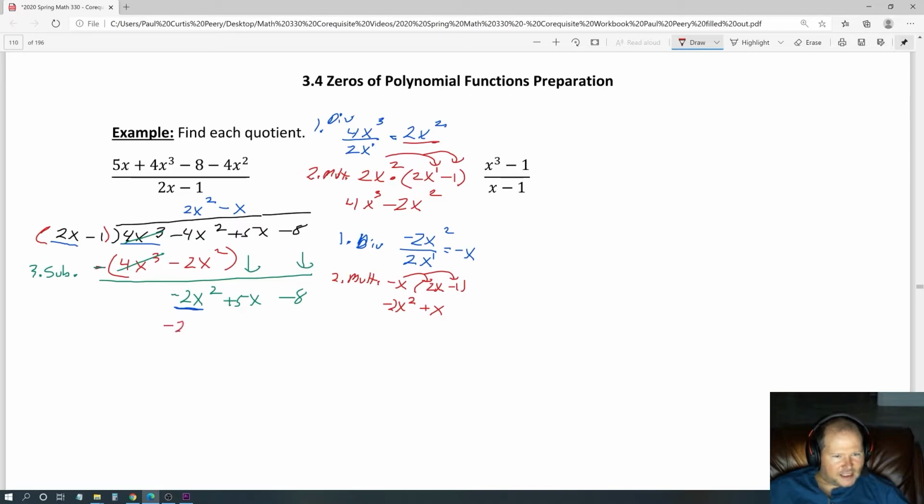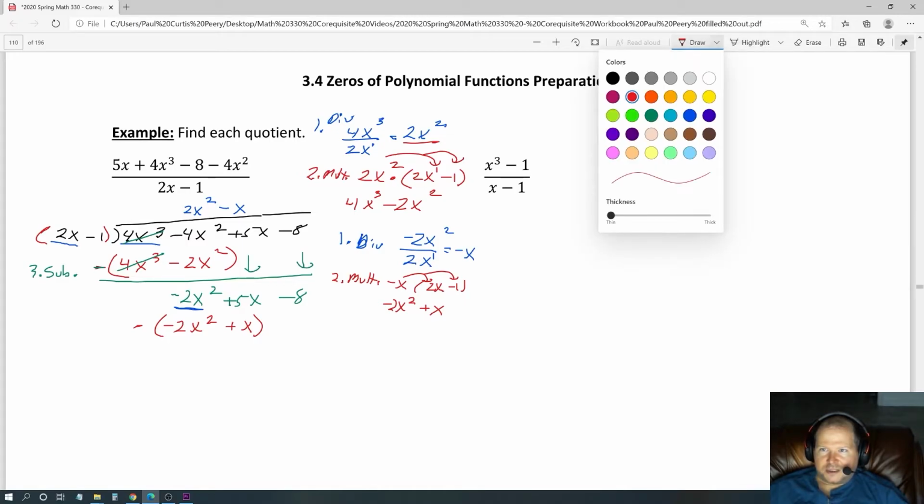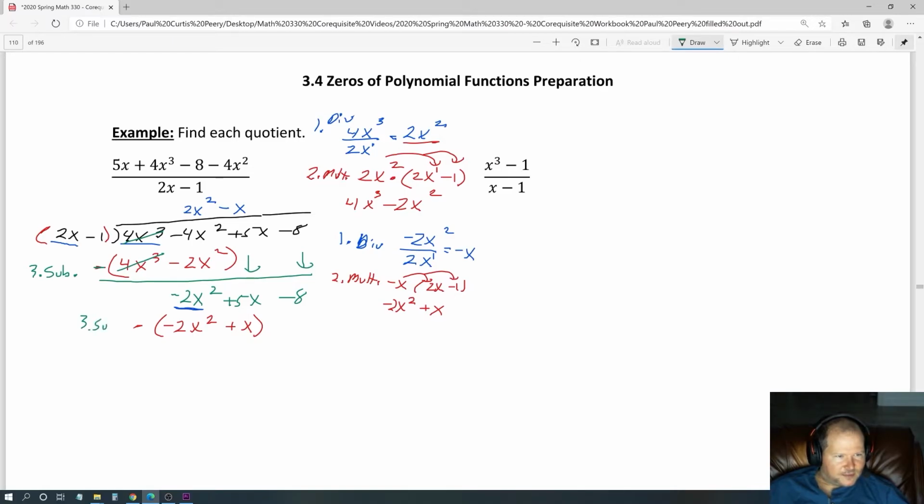So we write negative 2x squared plus x. Then finally we subtract again, which is the third step.